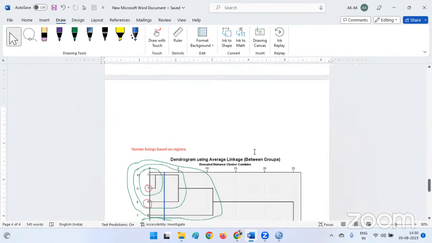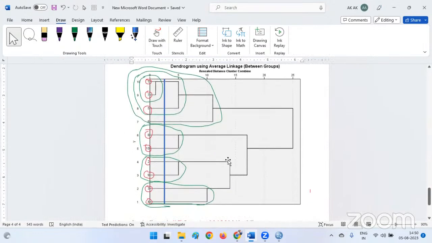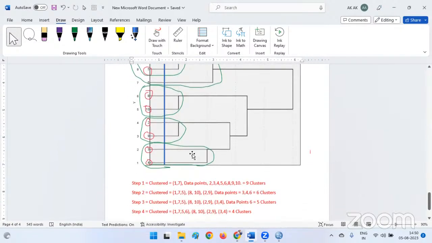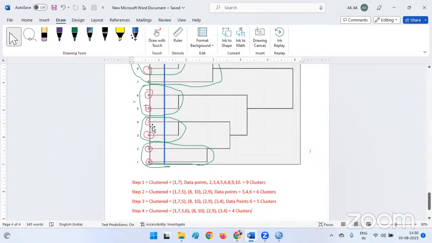Now what next? If we see, this is the next one. After this is the next one. This is a merge of 2 clusters, 2, 9, and 3, 4. So let's do it: 2, 9, 3, 4. Okay, so the next step is step number 5 of the hierarchical cluster.